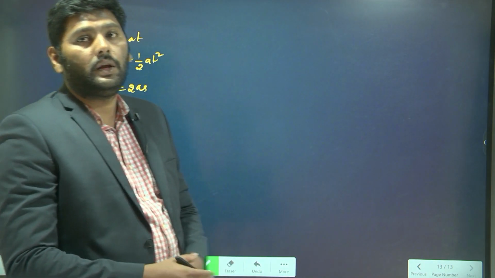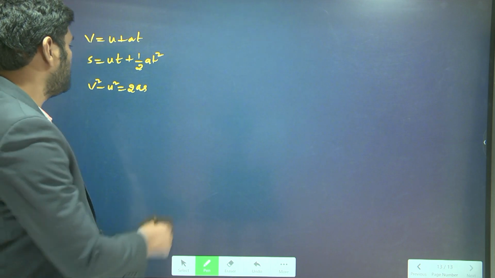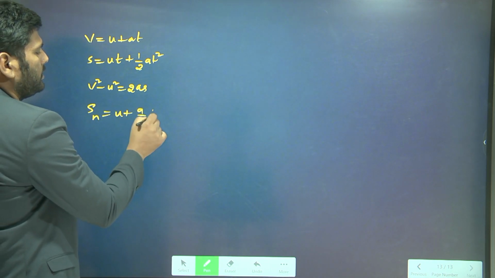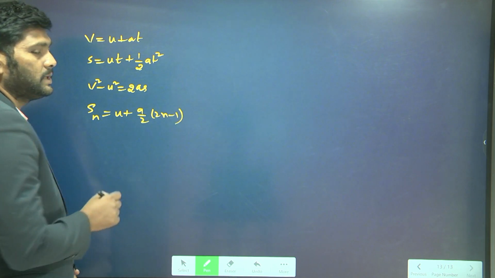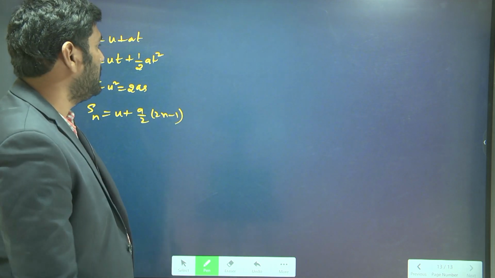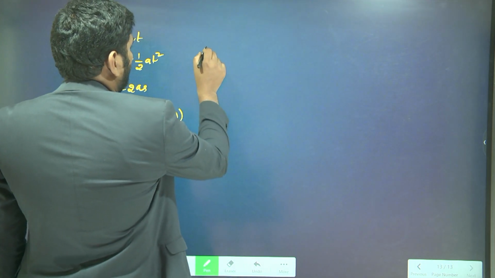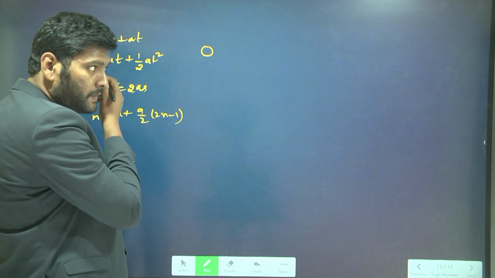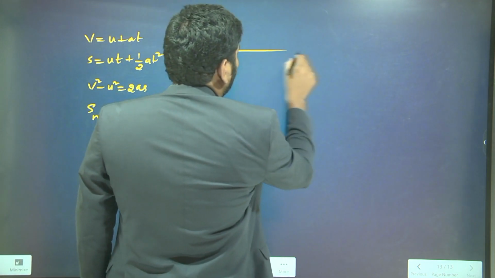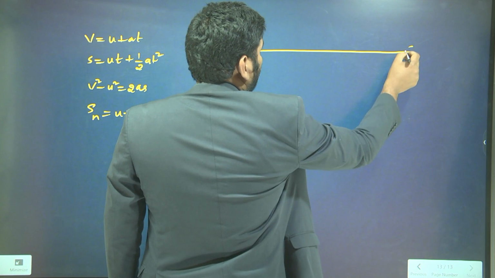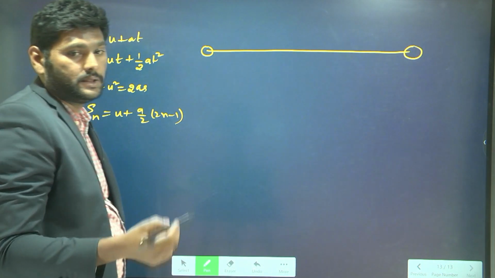Now let's derive the fourth equation of motion, that is Sn equals U plus A by 2 into (2n minus 1). This is the derivation we learn. Further, I'll take a situation. An object started here and traveled in a straight line for n seconds.